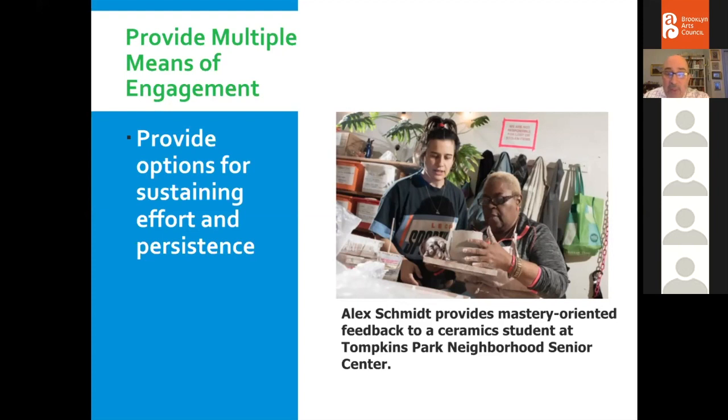Here in the photo, you see another example where Alex Schmidt is providing mastery-oriented feedback to ceramic students at the Tompkins Park Neighborhood Senior Center. The student there is working with the clay on a wheel, and this is a natural element of arts learning, but it doesn't mean that it always happens, and it doesn't mean that it's always done well.